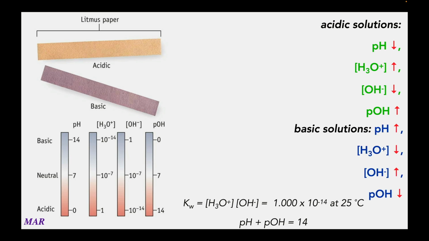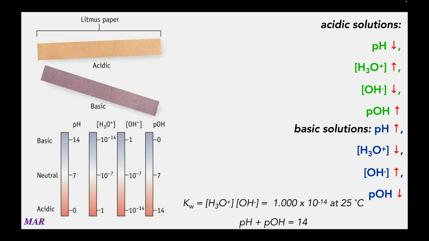For a basic solution, it's the opposite. For a basic solution, you'll have a large pH, a pH greater than 7. But bases mean you don't have a lot of hydronium, so that'll be low. But bases do mean you have a lot of hydroxide, so no problem. And then finally, if you have a lot of hydroxide, your pOH will be down. So that's how this works in terms of acids and bases.